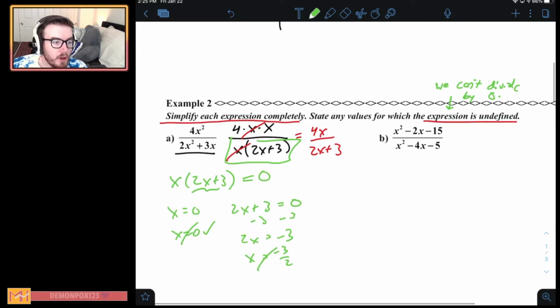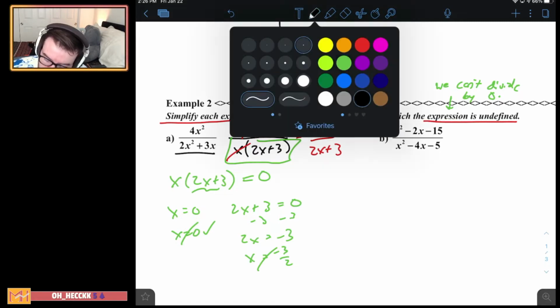Okay? So those are the undefined values. Even though we canceled out this x, we still say that it's undefined for 0, despite the fact that we canceled it out.